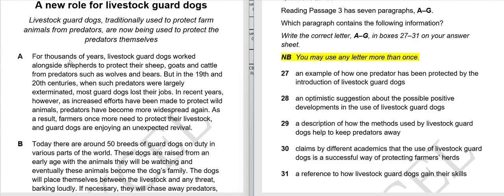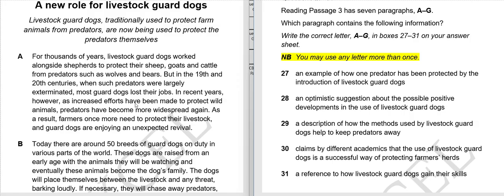But in the 19th and 20th centuries, when such predators were largely exterminated, most guard dogs lost their jobs. In recent years, however, as increased efforts have been made to protect wild animals, predators have become more widespread again.